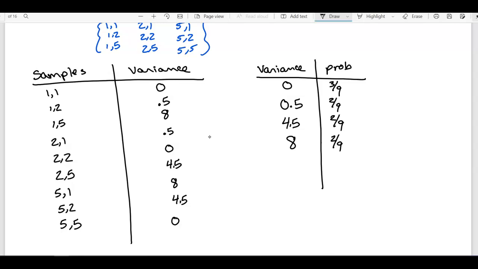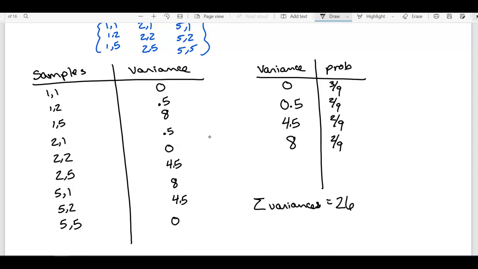So now let's analyze this. We want to look at the sum of all the variances. So if we were to add this column up, that's what we're looking for there. So if I add all those numbers, I get 26.